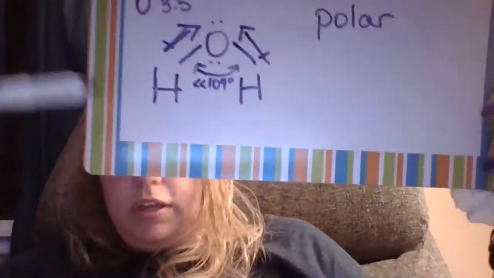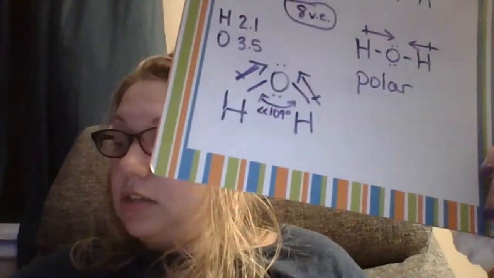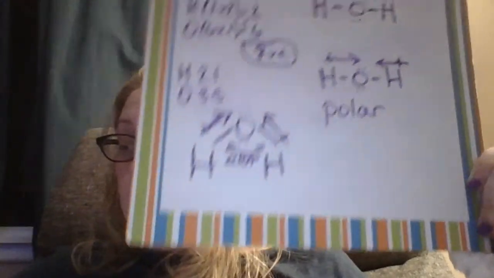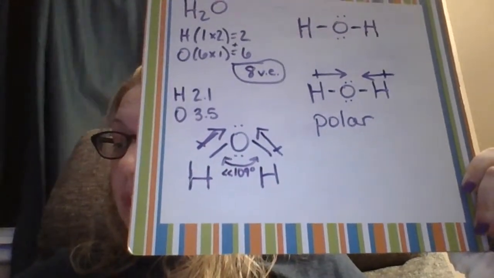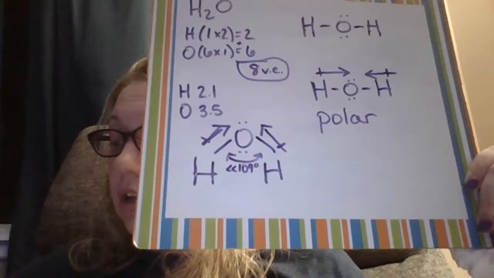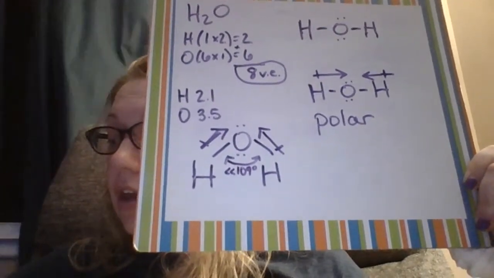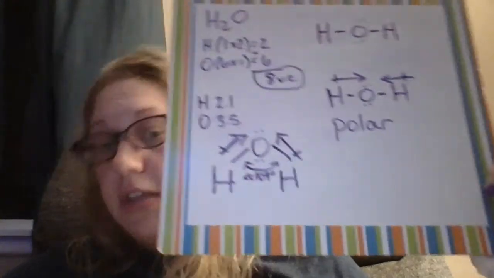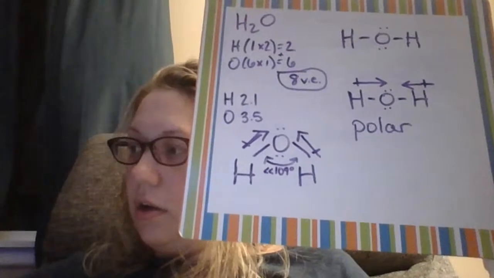Well, my example is water, and it's different because it's polar. It has a net dipole moment. It's involved in hydrogen bonding. It has partial positive and partial negative charges in the bonds. So that answers the next part.